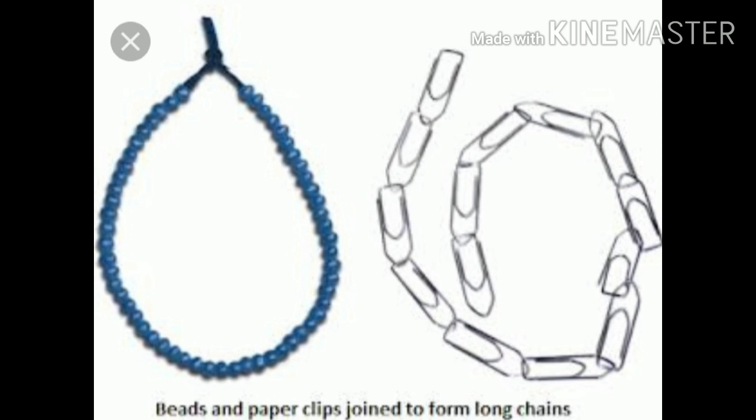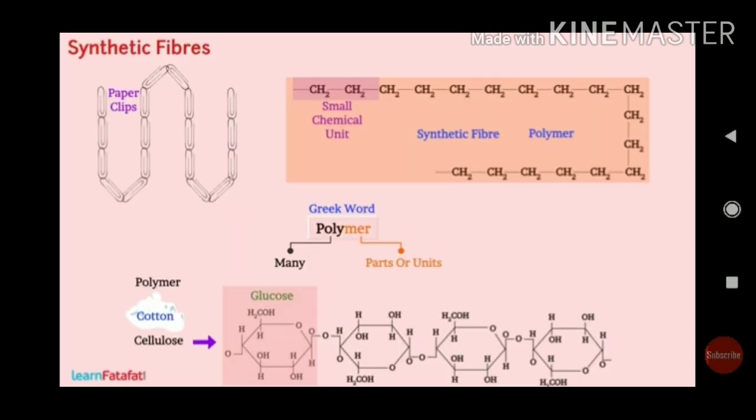In those products of petroleum, small chemical units repeat in a regular fashion and create a structure, and each unit of chemical in a synthetic fibre is called a monomer. What do we call it, students?